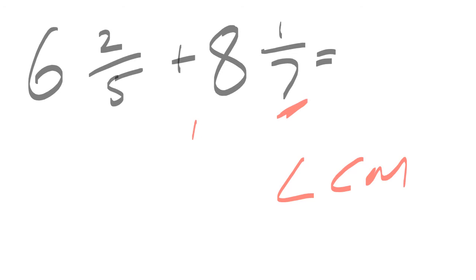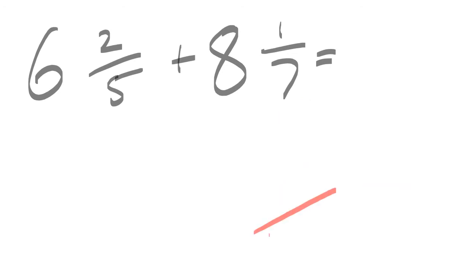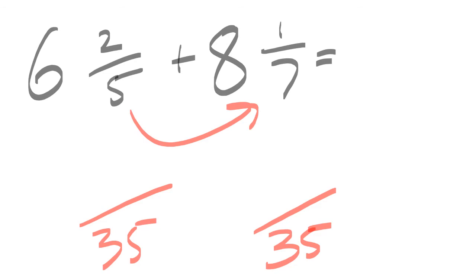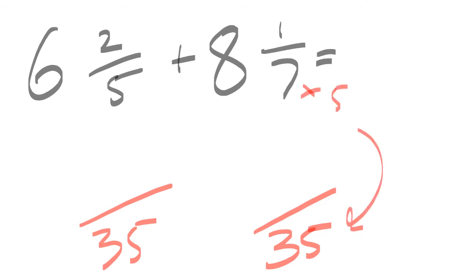I wonder if you got the number 35, because 5 goes into 35 and 7 goes into 35. We know because 5 times 7 equals 35, doesn't it? So, by the way, 7 times what equals 35? 7 times 5. So that gives us a 35.